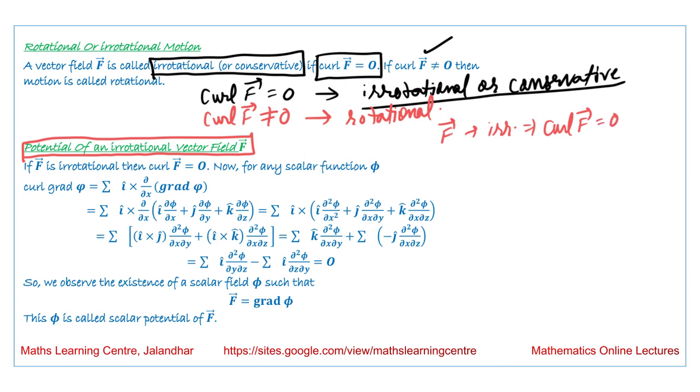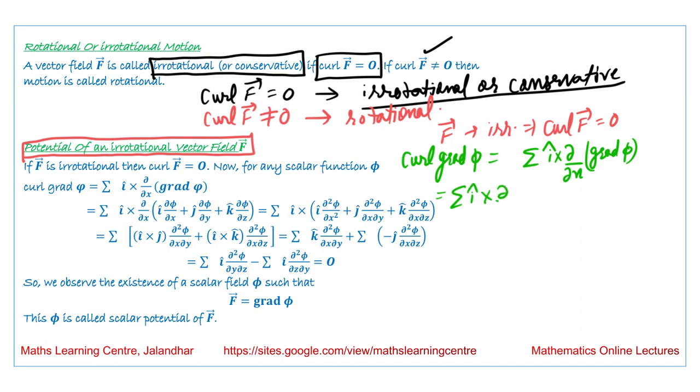For any scalar function phi, we have curl of gradient of phi equal to sigma i cap cross curly by curly x of gradient of phi, where gradient of phi is i cap curly phi by curly x plus j cap curly phi by curly y plus k cap curly phi by curly z.